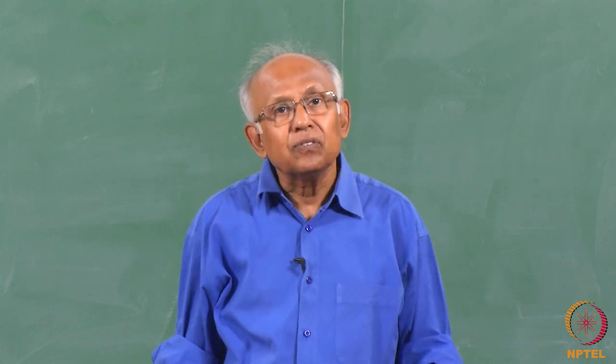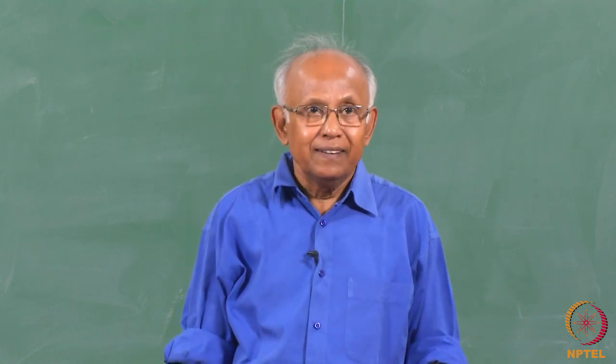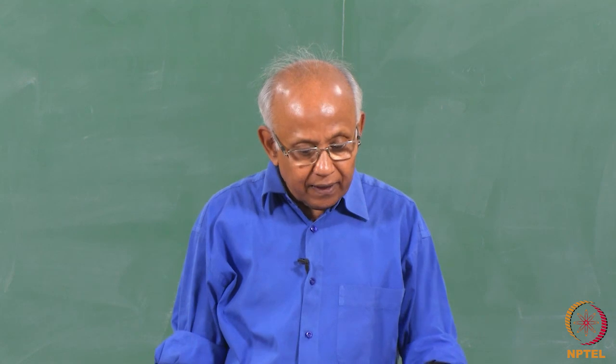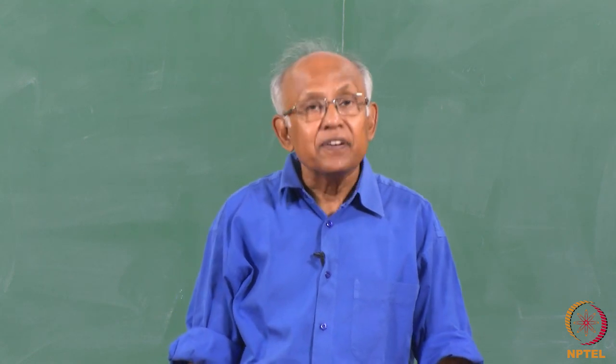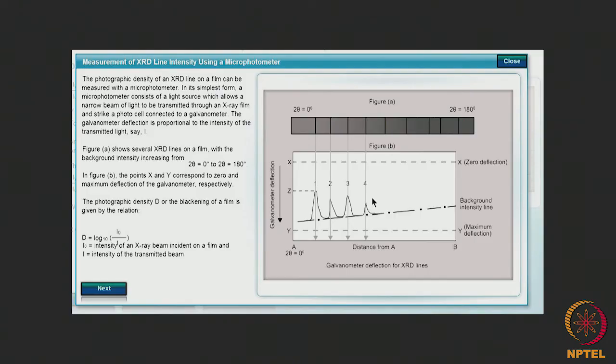So in that case, how do we determine the integrated intensity? The photographic density of an XRD line on a film like this can be measured using a microphotometer.